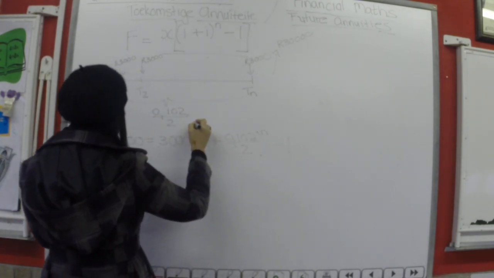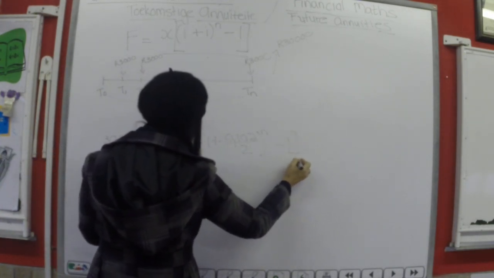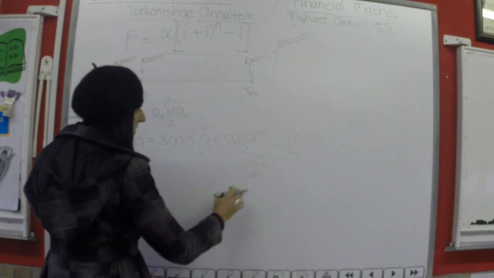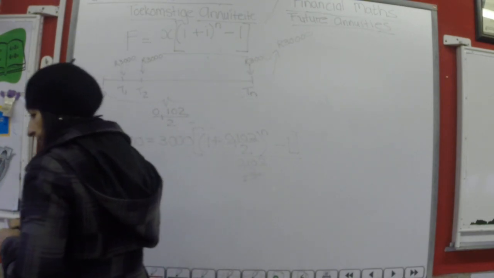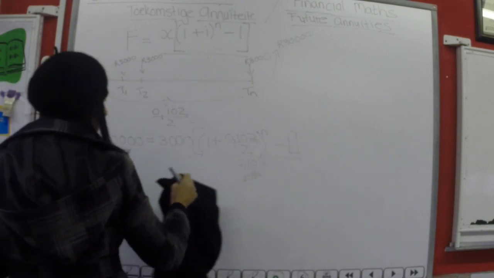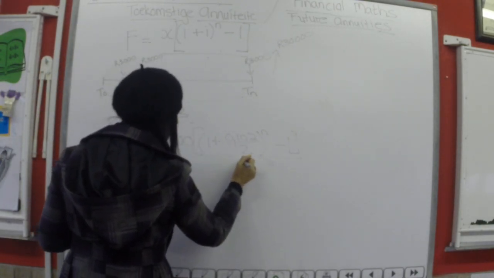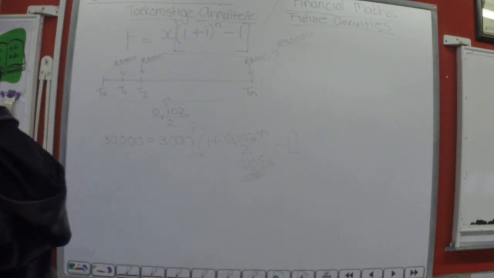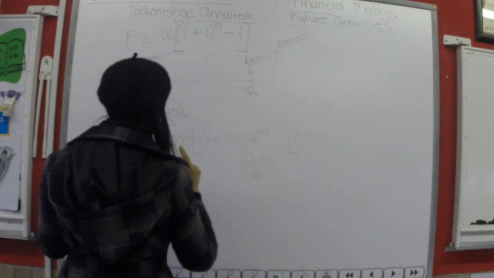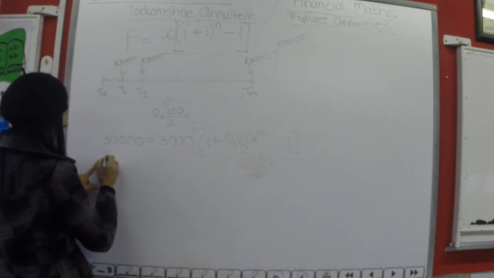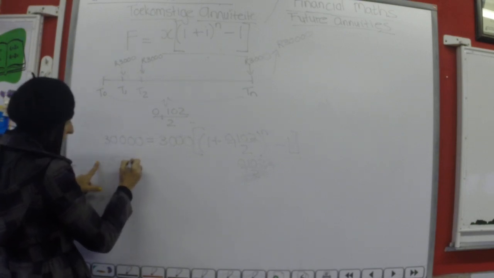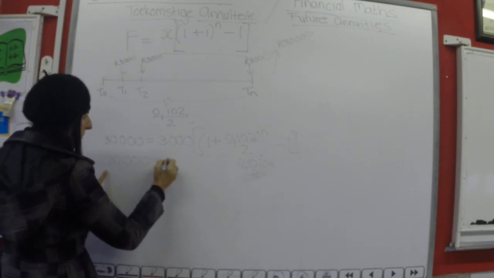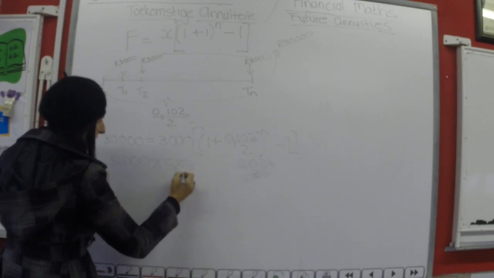En dan kan ek gaan en ek kan dit gaan deel deur my rentekoers, deur my rentekoers, 0,102 on 2. So now I must be careful. Ons gaan eers ons rentekoers oor die is-gelyk kan bring. Kyk baie mooi. So hy word nou 'n vermenigvuldig. So I'm multiplying with my interest rate.